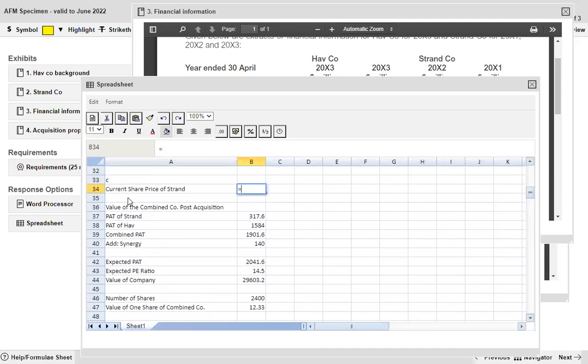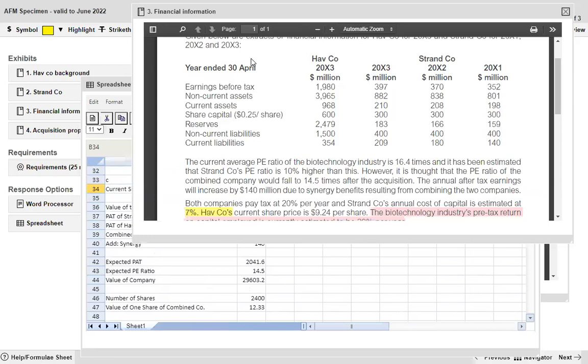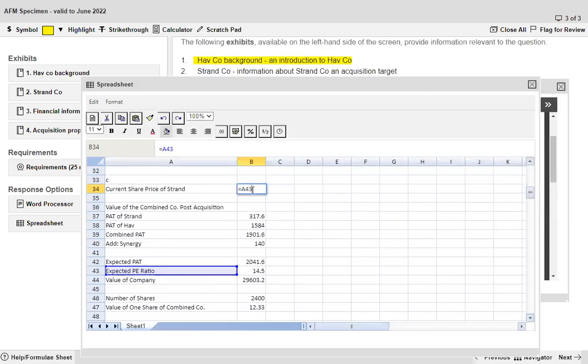The PE ratio, which is 16.4, multiply 1.1, multiply by the earnings after tax.